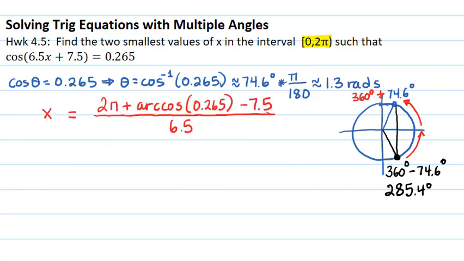I'm looking now for the next largest angle that will have the same cosine. So I'm going to keep rotating here on my circle until I reach quadrant 4.